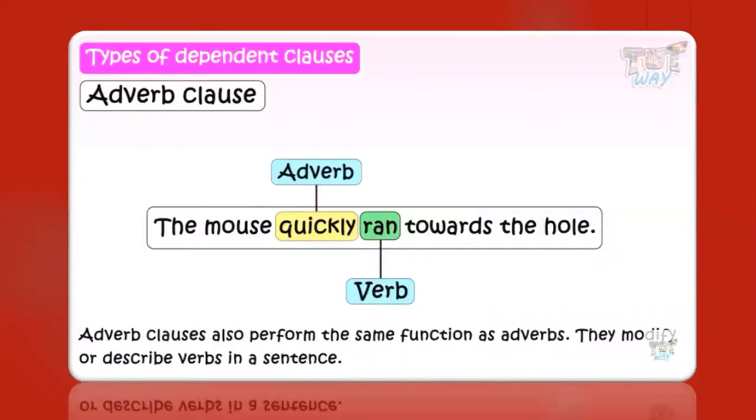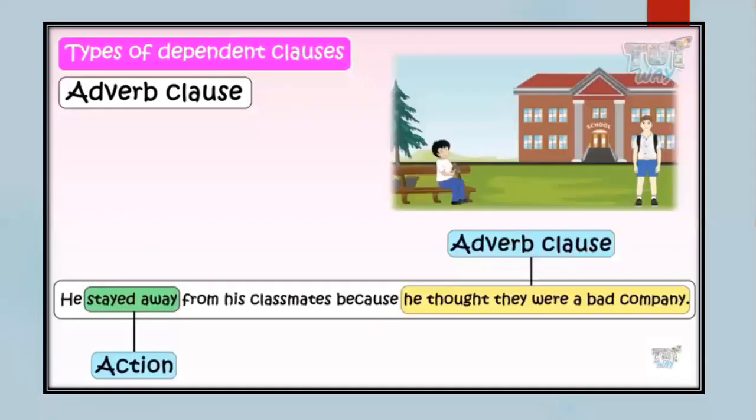The mouse ran quickly. One more example you can see. He stayed away from his classmates because he thought they were a bad company. So what is the action? Stayed away. And what is the adverb clause? He thought they were a bad company.